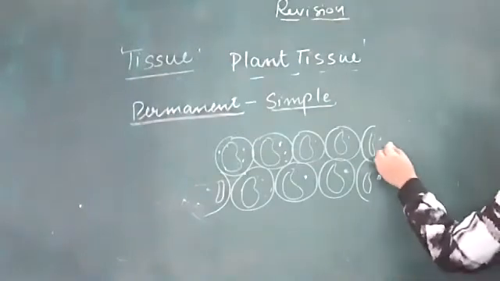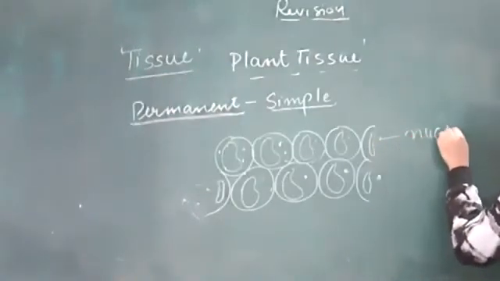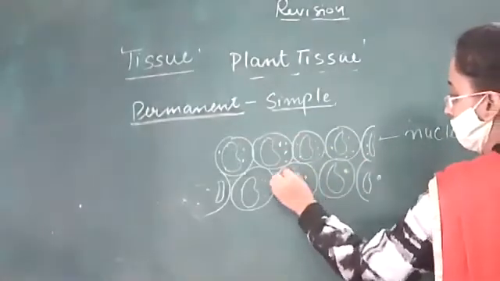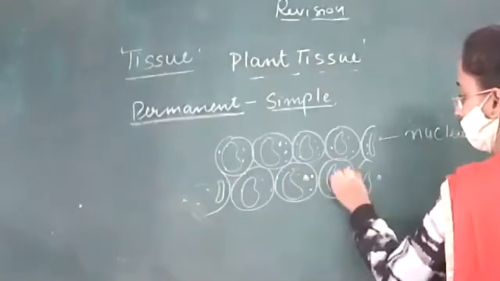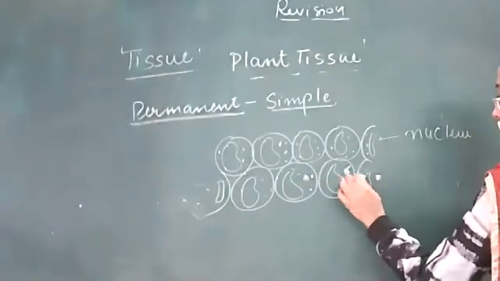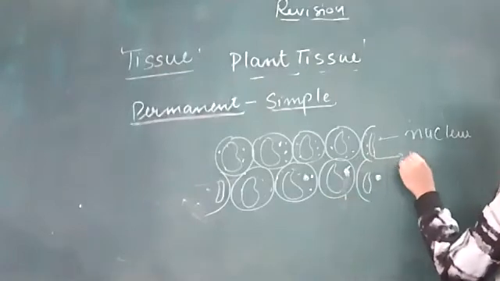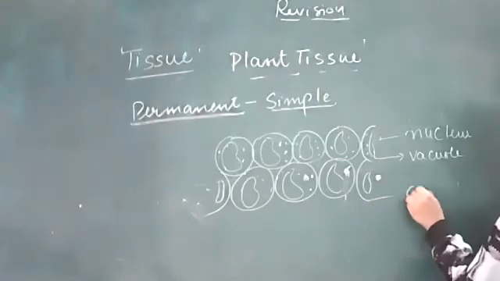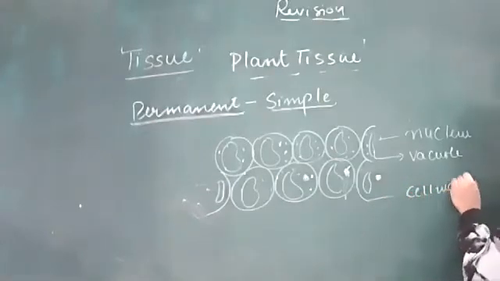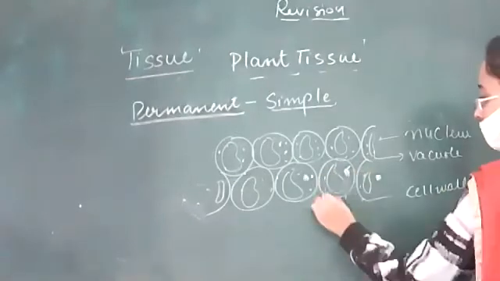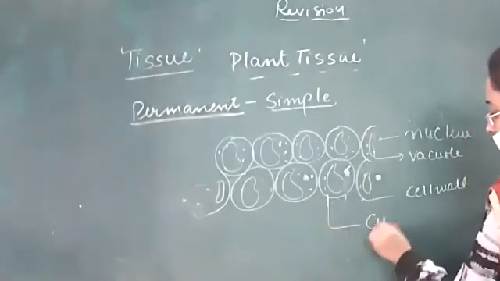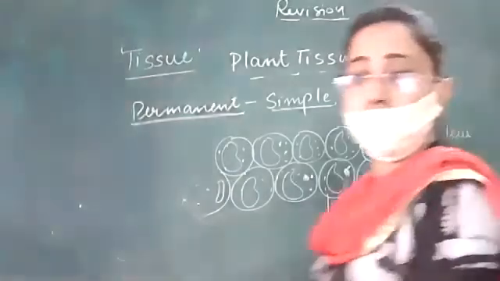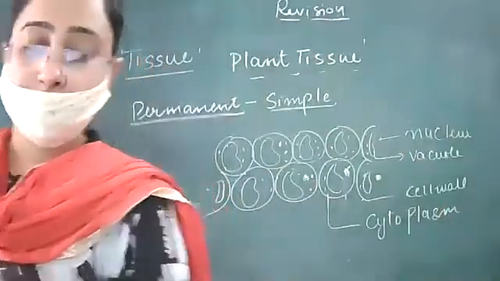Okay, so it is our nucleus, and you can fill it with the cytoplasm, nucleus. This is a vacuole. This is the membrane, cell wall, and here it is present cytoplasm. Okay. So this is our parenchyma tissue.